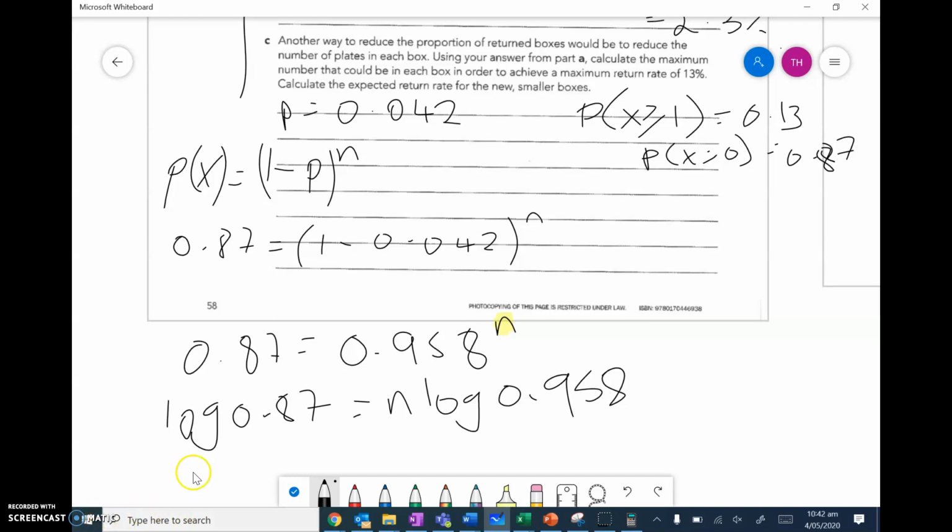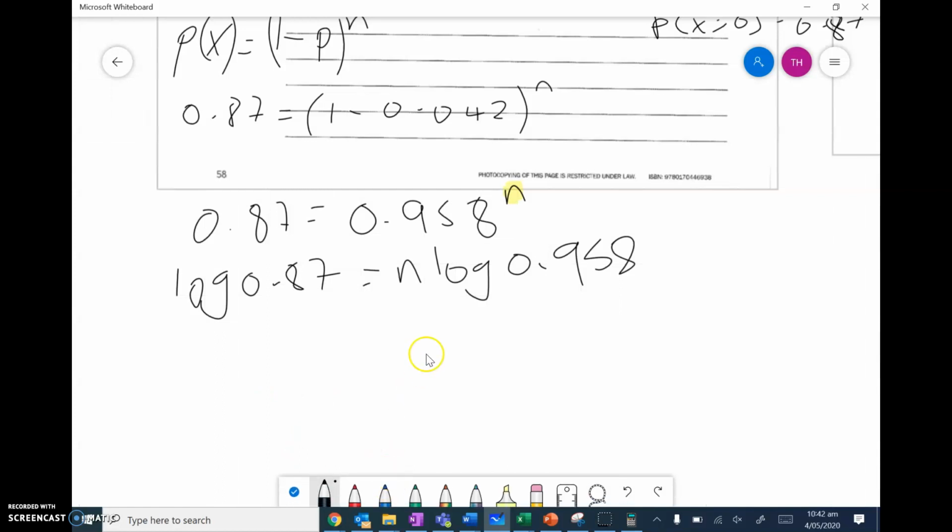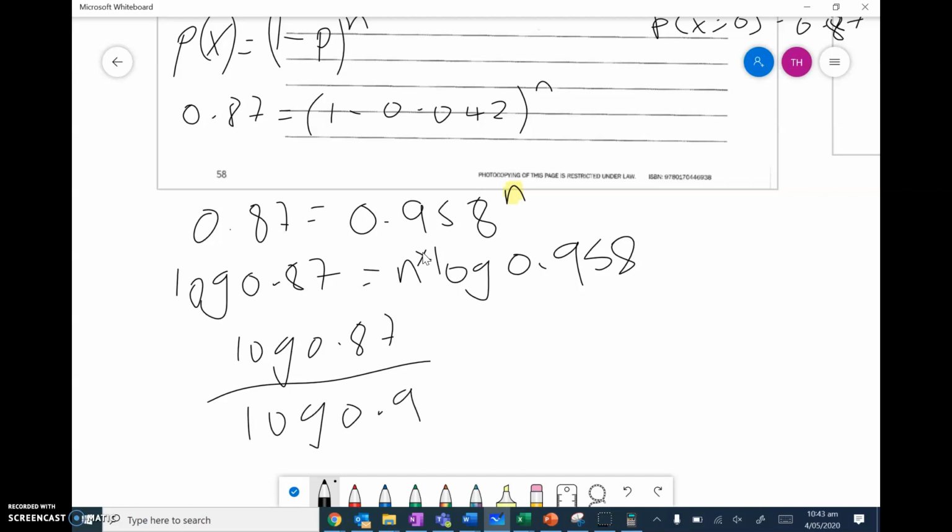So the n comes in front, it becomes n log 0.958. And then I'm going to rearrange that. So this is n times log 0.958, there's a little invisible times in here. So to get rid of that log 0.958, I'm going to move it to the other side. So log 0.87 divided by log 0.958 is equal to n. And I go into my calculator.